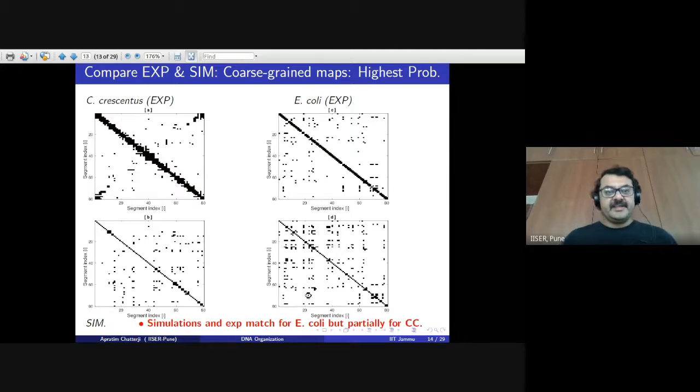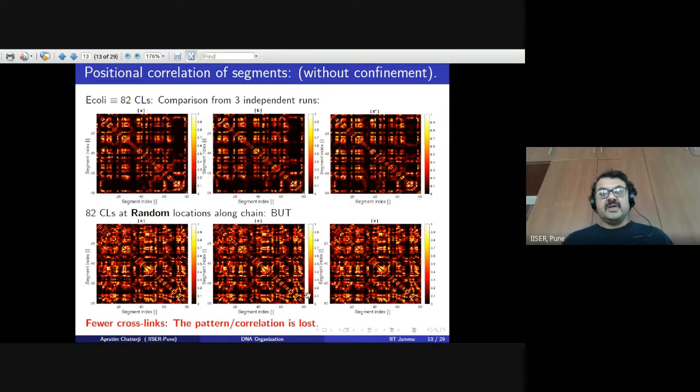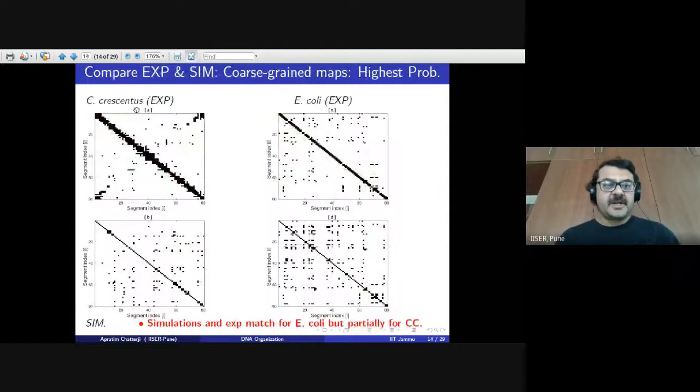And finally, taking this data, we decided to compare it with experiments. So we coarse-grained the experimental data into 80 segments, and we plotted only the highest probability. This is experimental data coarse-grained for C. crescentus, this is experimental data for E. coli, and this is our simulation data.